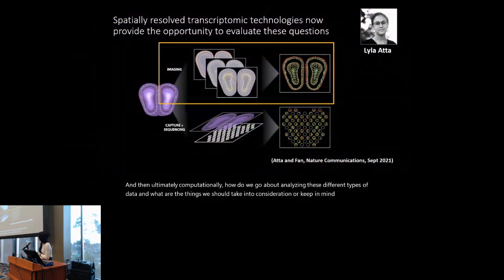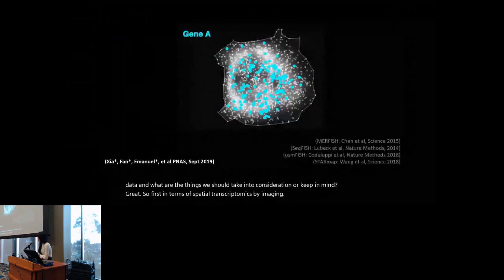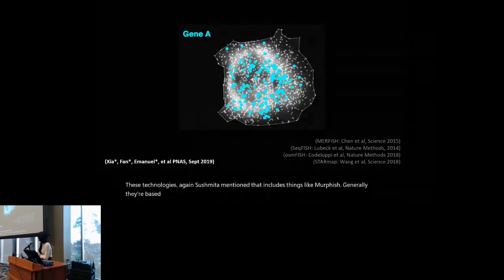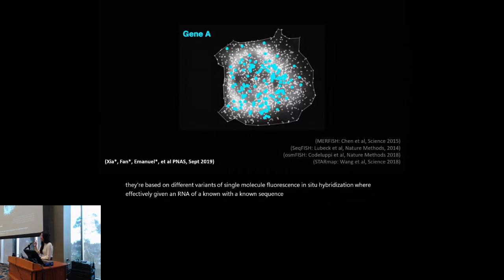Great. So first, in terms of spatial transcriptomics by imaging, these technologies, again, Shashmita mentioned, include things like MERFISH. Generally, they're based on different variants of single molecule fluorescence in situ hybridization, where effectively, given an RNA with a known sequence, we can design complementary oligonucleotide probes.